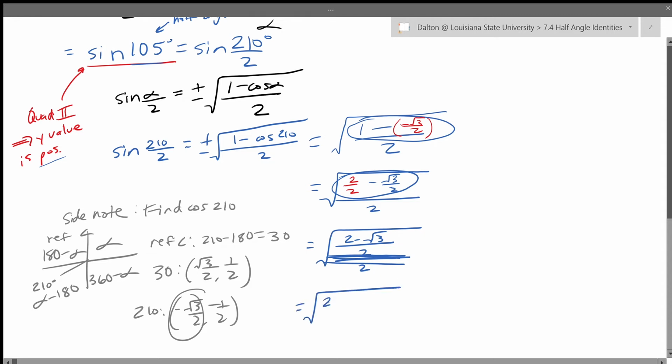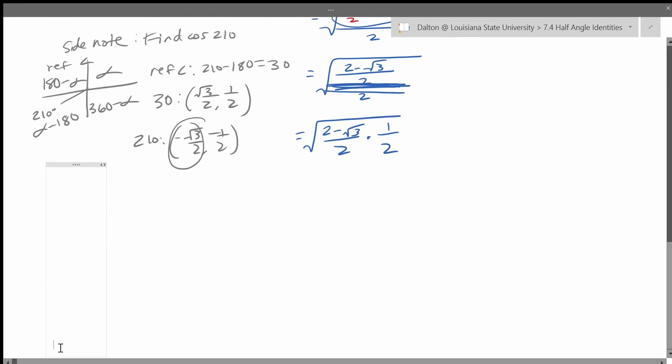So if we have 2 minus square root of 3 over 2, instead of dividing by 2, I'm going to multiply by 1/2. And then I'm going to multiply these two fractions straight across. So when I do that, I'm going to get the square root of 2.